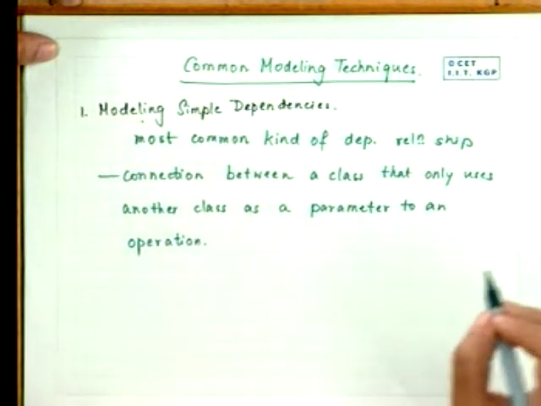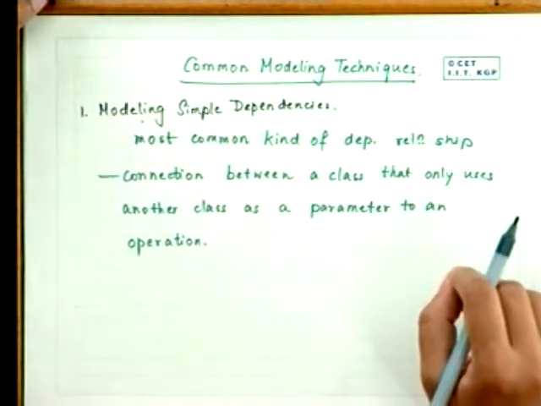In this case, we can identify that there is a dependency relationship from the first class to the class that is being used as the parameter.